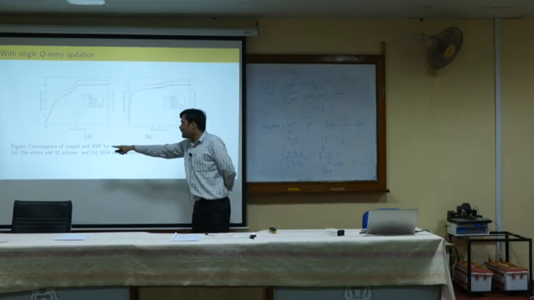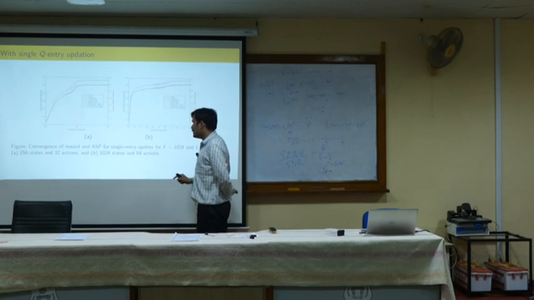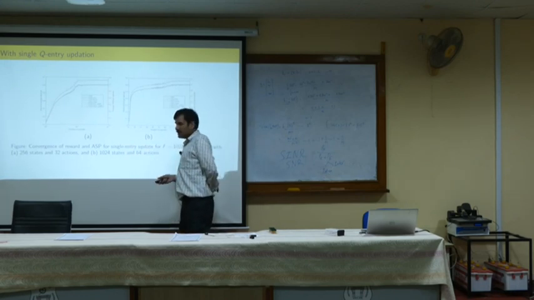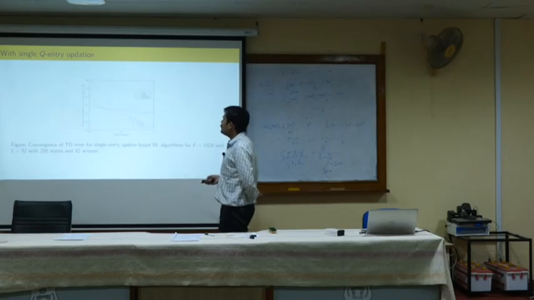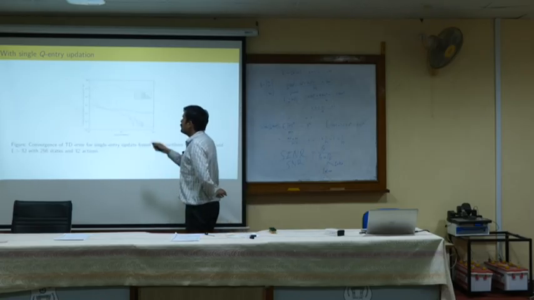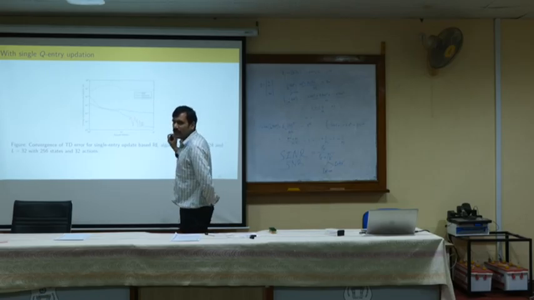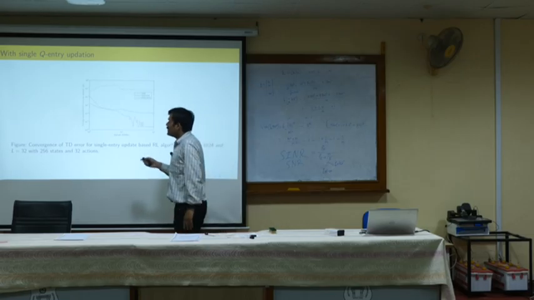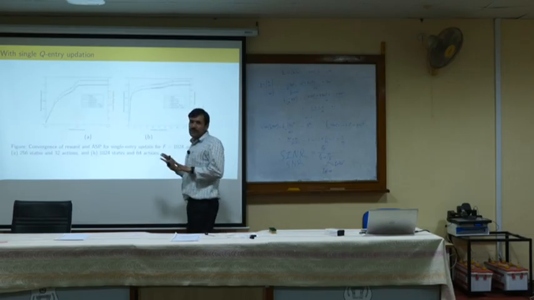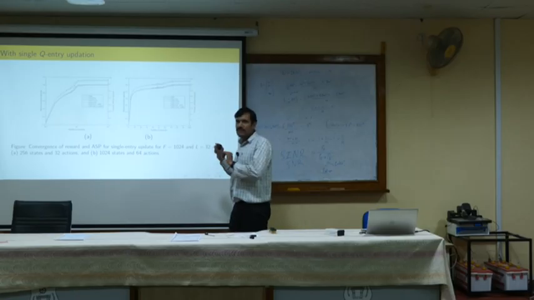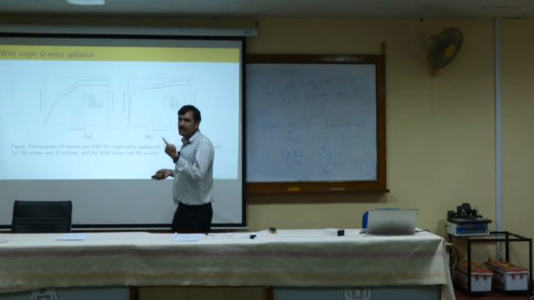In the left we have 256 states and 32 actions. In the right we have more states and more actions. With the single Q entry update, we are updating only one entry, even if we are choosing function approximation. So what we are showing here is that with both algorithms with function approximation, we are achieving similar performance, even if we update a single entry.